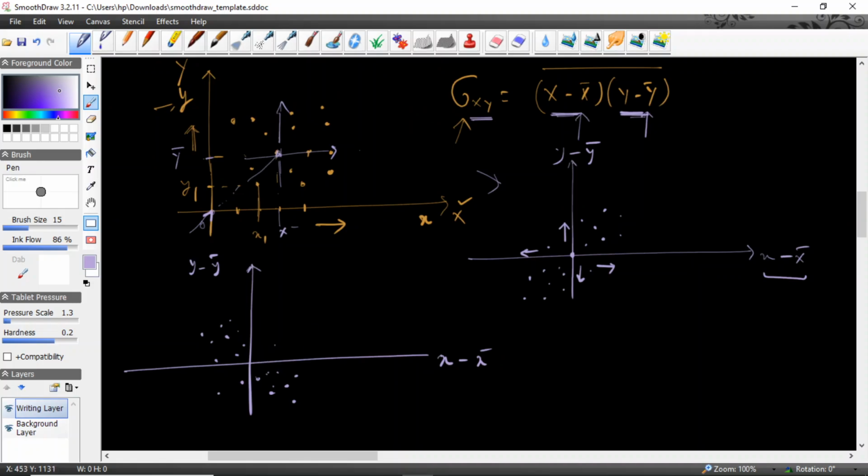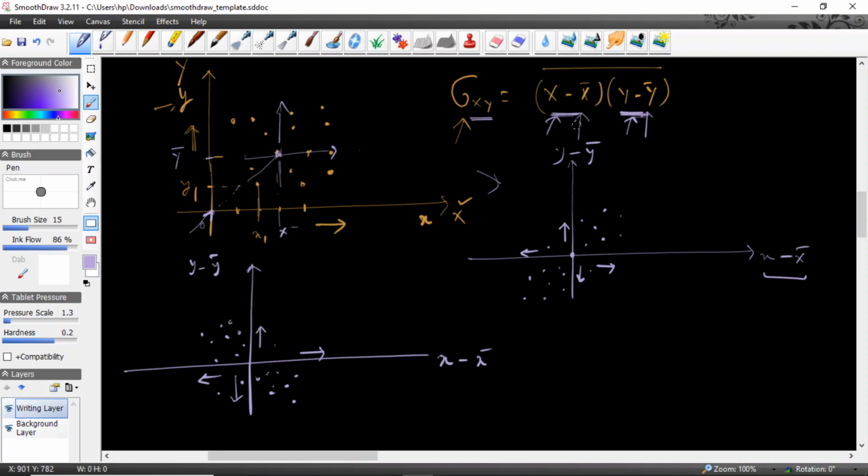So in this case, if x increases, y decreases, or if x decreases, y increases. When x minus x bar is positive, y minus y bar is likely to be negative, and when x minus x bar takes negative values, y minus y bar will take positive values.